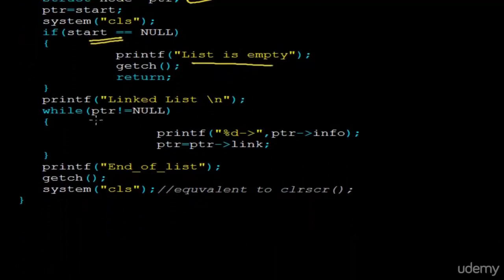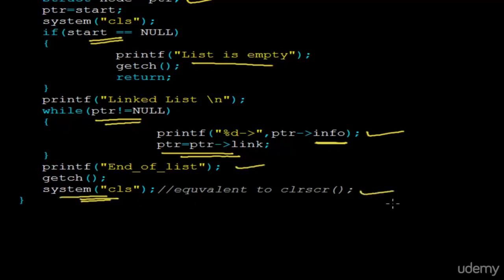Else we will iterate till we reach the end of list, means ptr is not equal to null, and in every iteration we will print the info part and then increase the pointer by this statement ptr equal to ptr dot link. Then we will print this message, end of list, and then we will exit. The system as a string, cls is equivalent to clr_scr.